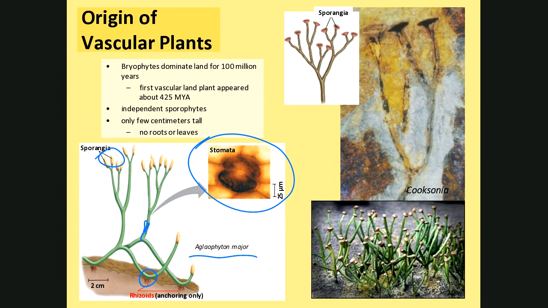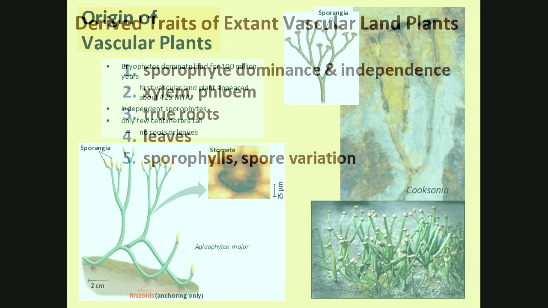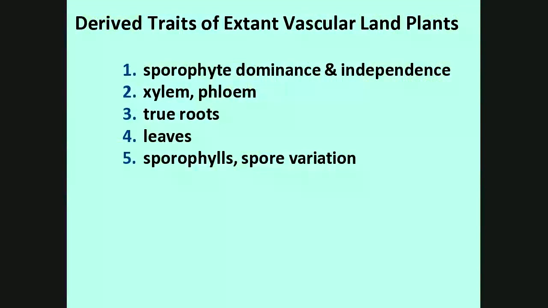What I want to move into now is to jump from this vascular plant into vascular plants that exist today, so extant vascular plants. What are some of the traits that came about through time, some of the structures that formed that really proved to be successful, at least in these groups of vascular plants?